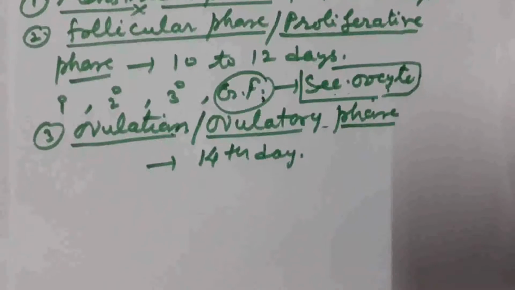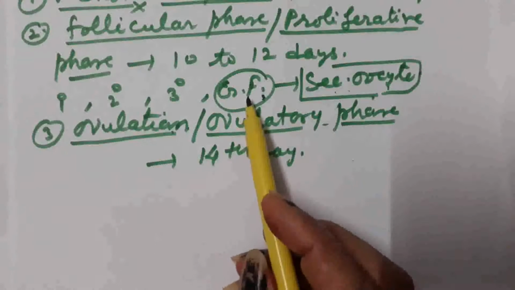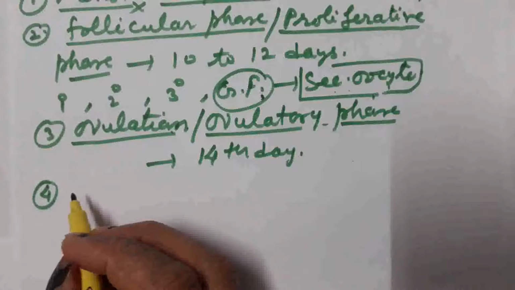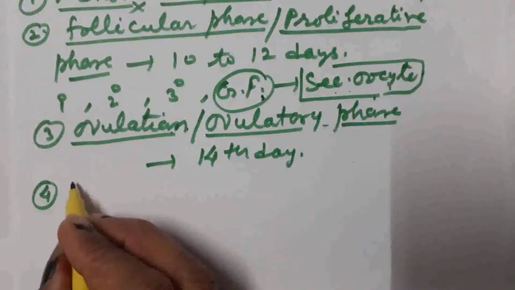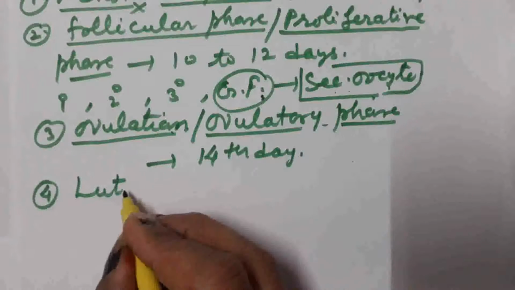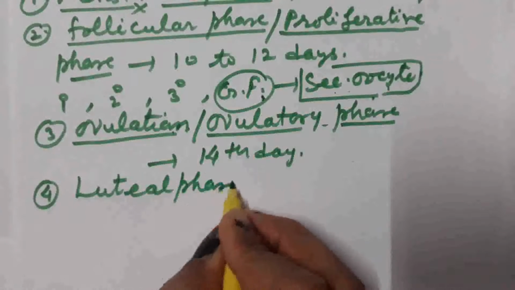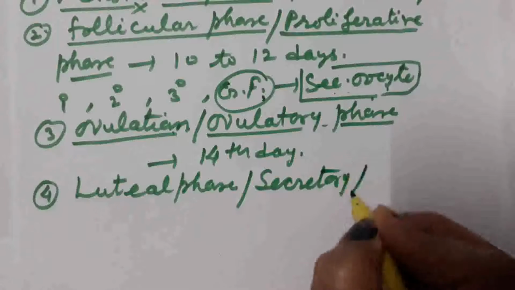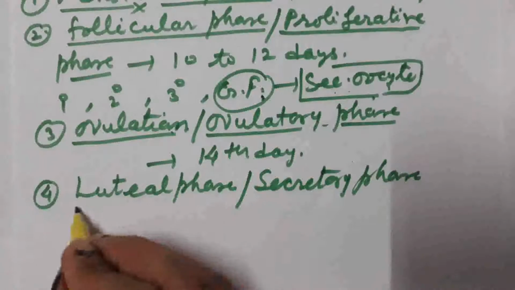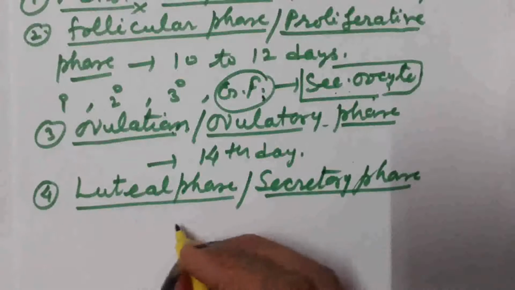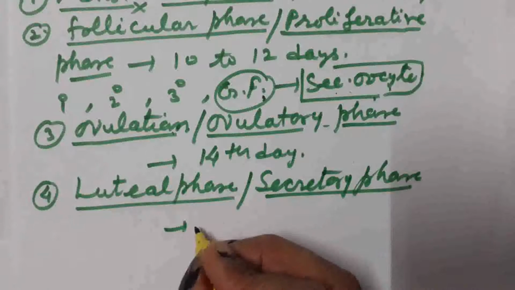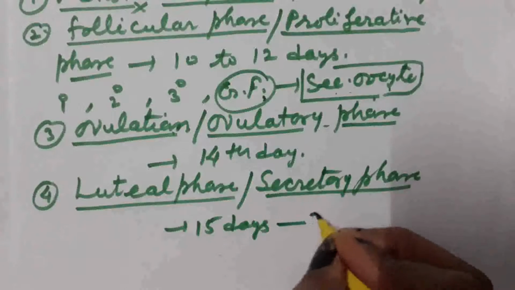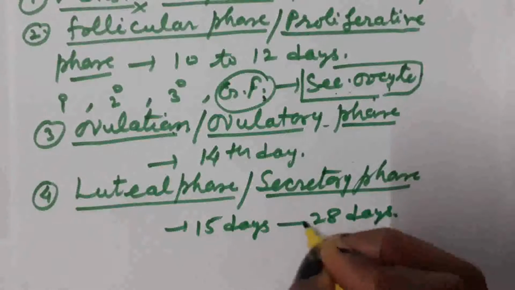After the ovulatory phase, the ruptured Graafian follicle is converted into corpus luteum. That's why the fourth phase is known as the luteal phase. We also call it the secretory phase, which lasts from the 15th day after ovulation till 28 days.